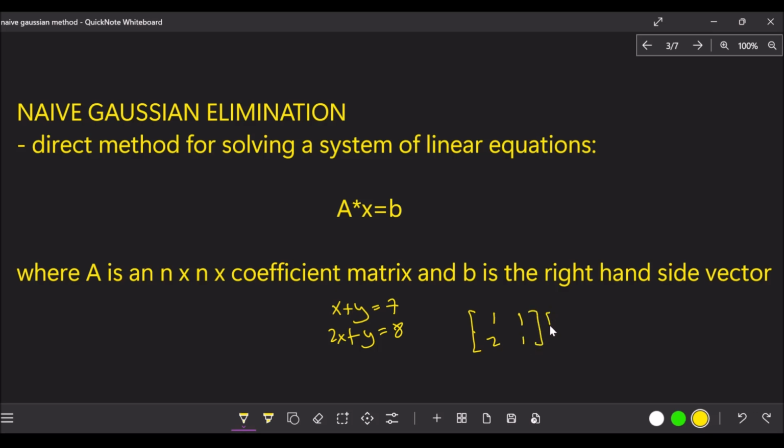Then we have the unknowns, x and y, and the constants, which are 7 and 8. So this is what we mean by A times x equals b. The b is the right-hand side vector, and the A are the coefficients of each of the unknowns of the equation.